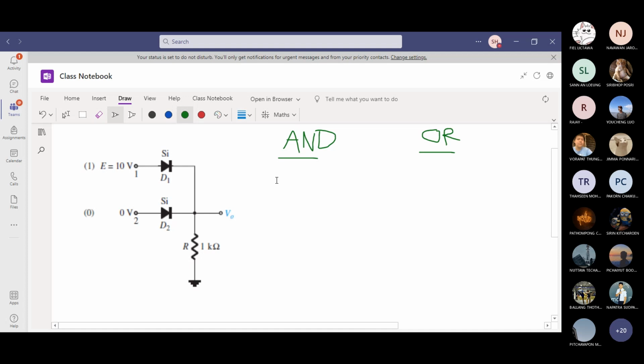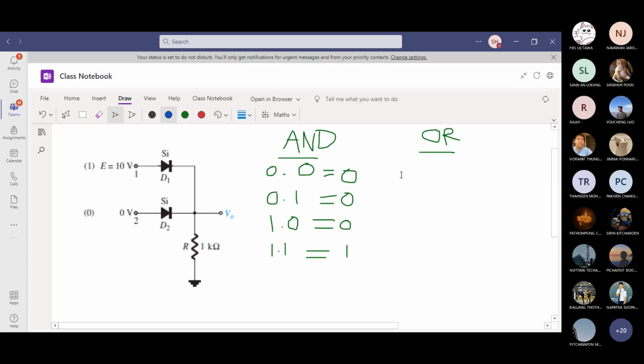If you want to get an output, say you have 0 and 0, the AND gate result will be 0. 0 and 1, 0. If you have 1 and 0, means the first one is on, the second one is off, you also get the output as 0. When both are on, the AND gate will be 1 output.